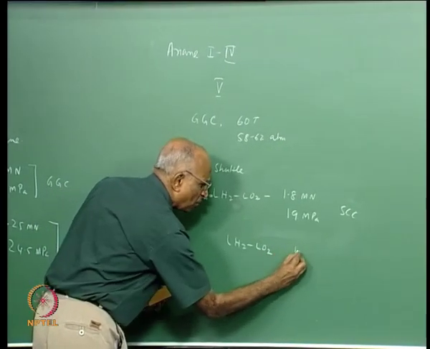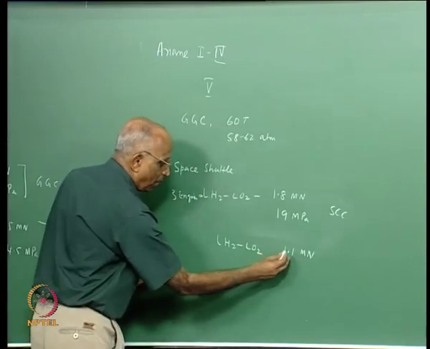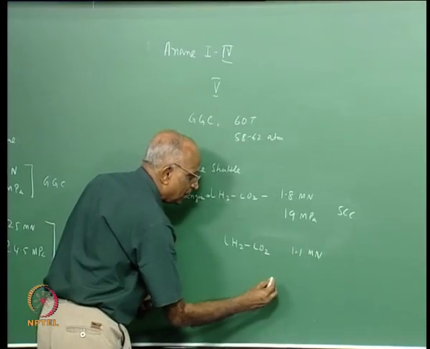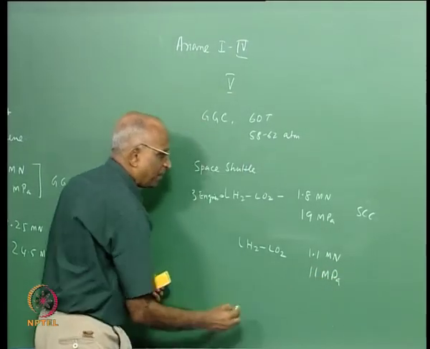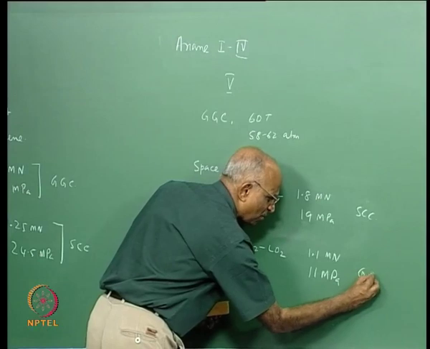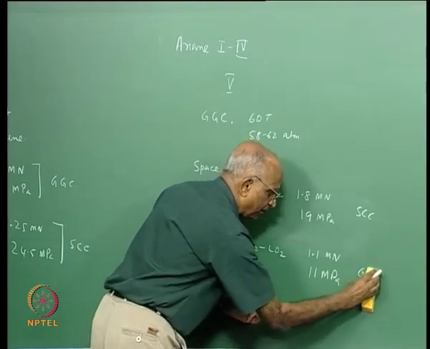They have a thrust of around 1.1 meganewton, that means 1.1 into 10 to the power 6 Newton. The chamber pressure is around 11 MPa, and since the chamber pressure is less, they use the less complicated gas generator cycle, GGC.